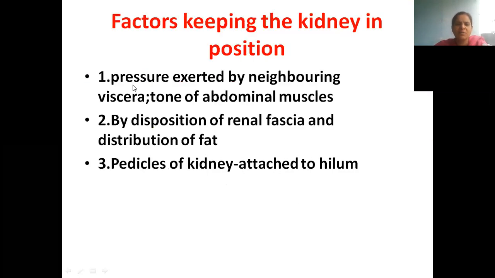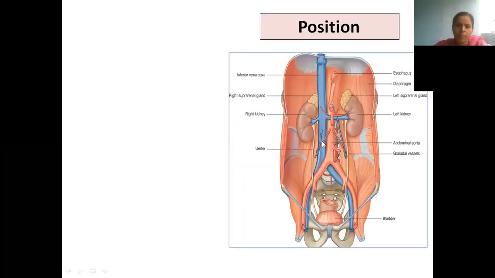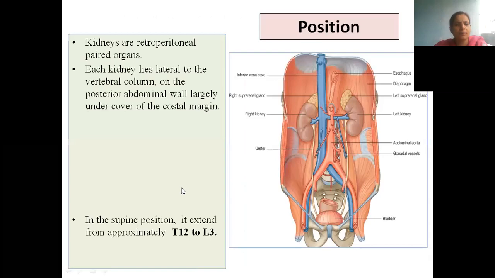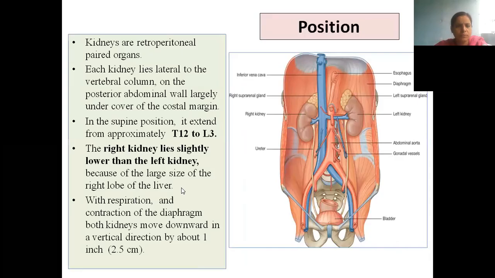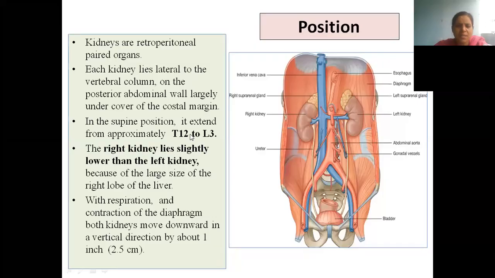What are the factors which keep the kidney in position? All the neighboring visceral organs exert pressure so that it does not slip down. Also we have fascia and fat holding it in place, and the hilar structures also keep the kidney in position. Now the extent: it lies at the level of T12 to L3.